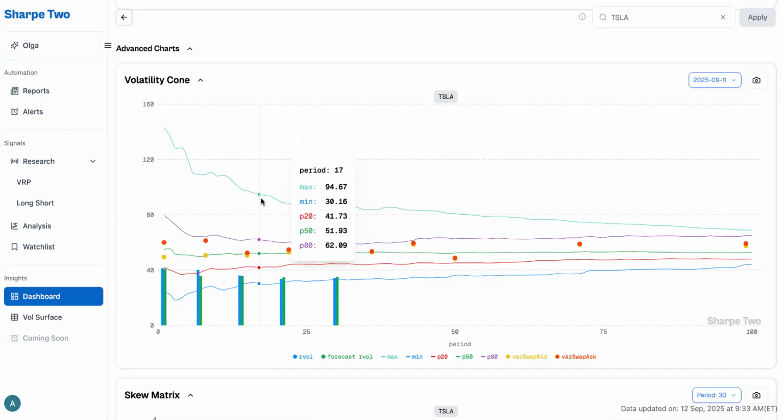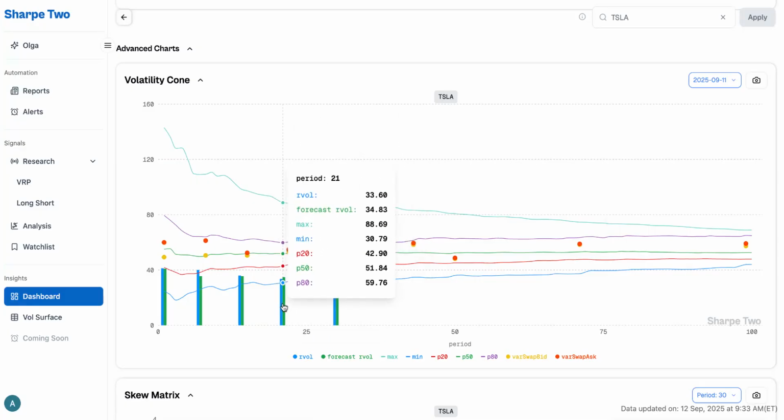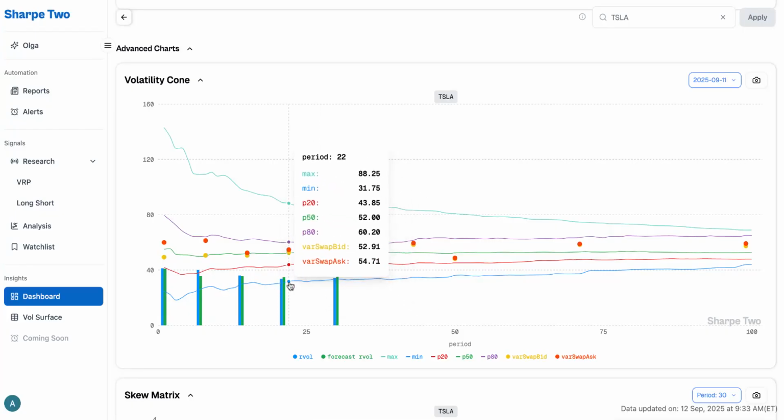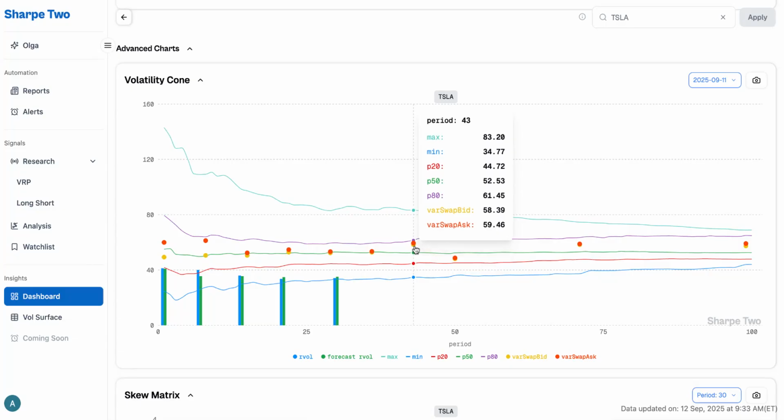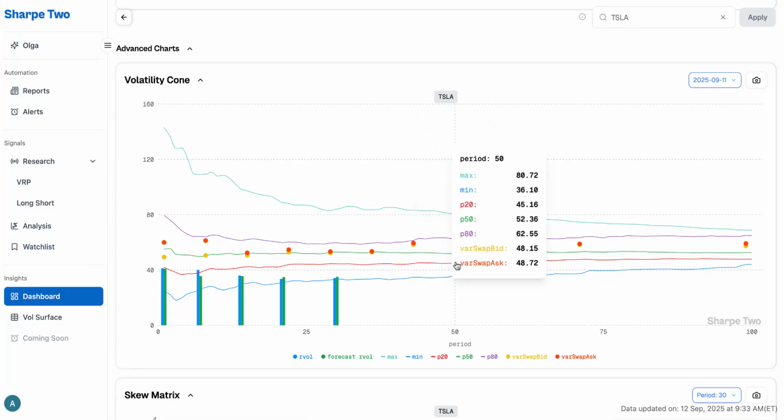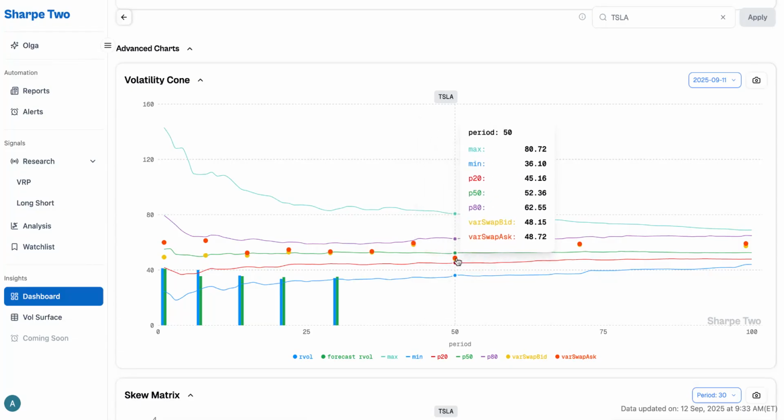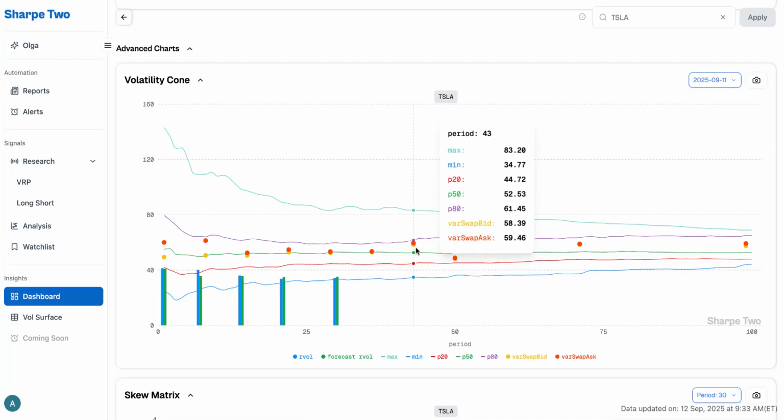So we know what the different lines are. We know what the two bars here are. Again, the two bars we now know are: vol, that's the blue one, green forecast, and then you have all of those different lines that describe the context of realized volatility over the last year. Now, what exactly are those two dots where we see VAR swap bid and then VAR swap ask, right?